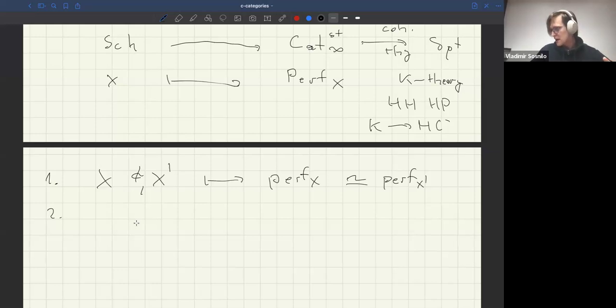So one original motivation for me, many years ago, for bringing weight structures into this context was the theorem of Dundas-Goodwillie-McCarthy, which says that if you have a map of schemes, X to X prime, which is a nilpotent extension, so this is a closed immersion and the ideal defining this closed immersion is nilpotent, then you want to understand what properties the pullback functor has.